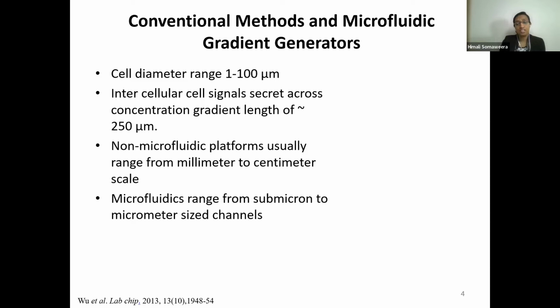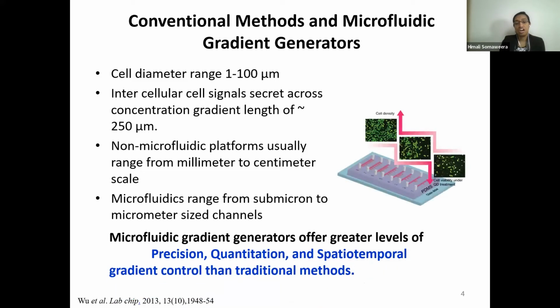So microfluidics is more convenient and has unique features compared to the conventional methods, like precision, quantitation, and we can create spatio-temporal gradient control.